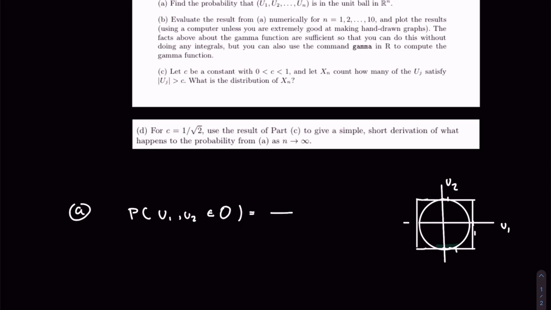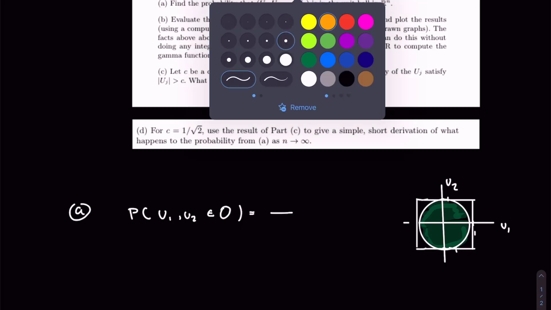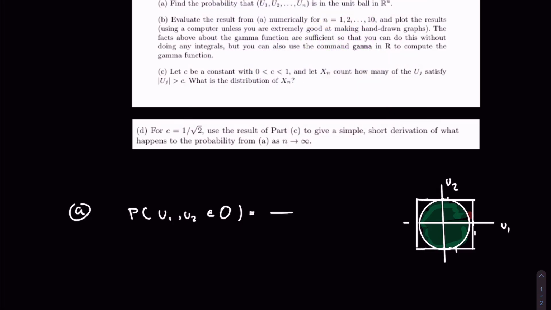The event is valid if it falls into this green region, the circle, and invalid if it falls outside this region.